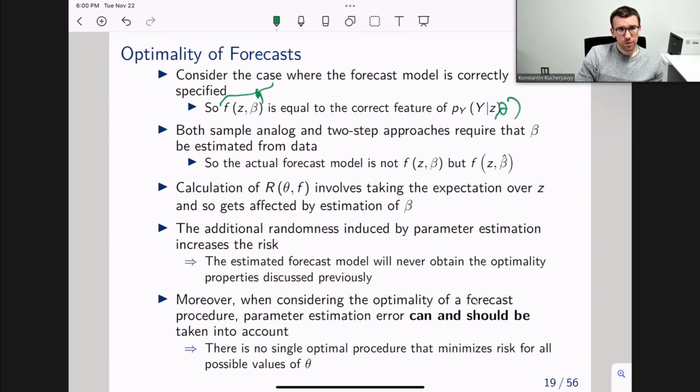Then both sample analog and two-step approaches require that beta is estimated from the data, obviously. And so then the actual model is this one, where beta depends on z and theta. But then when we calculate the risk to estimate our model, we take the expectation over z. And so the risk calculation gets affected by estimation of beta.